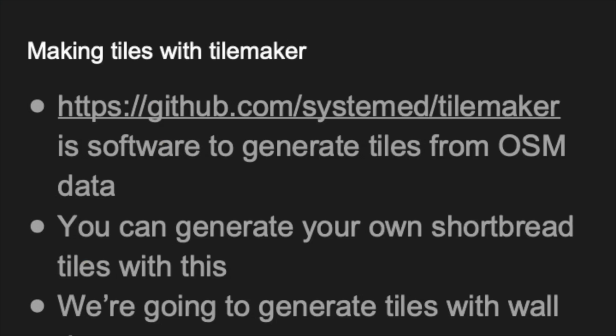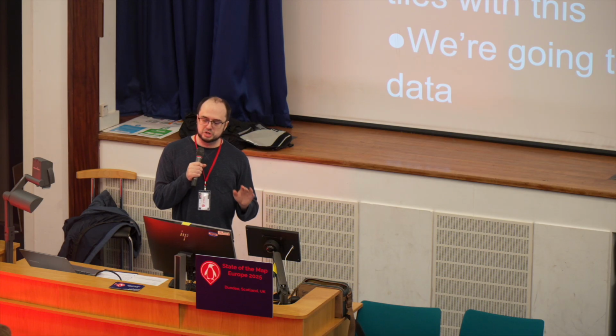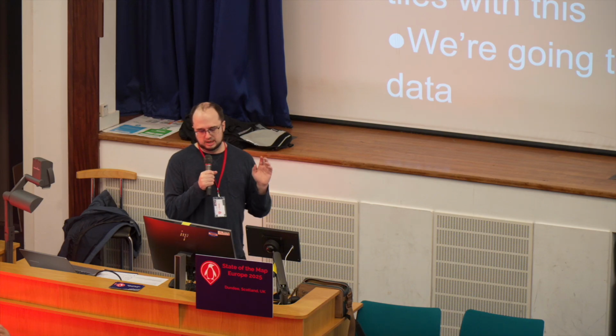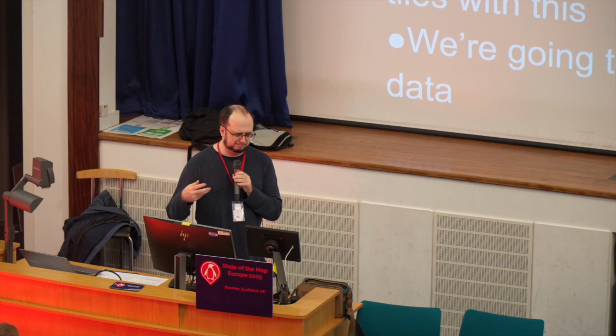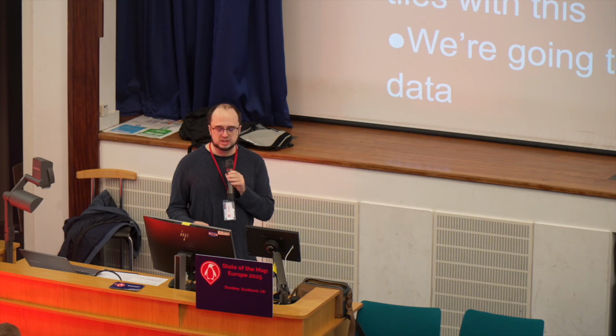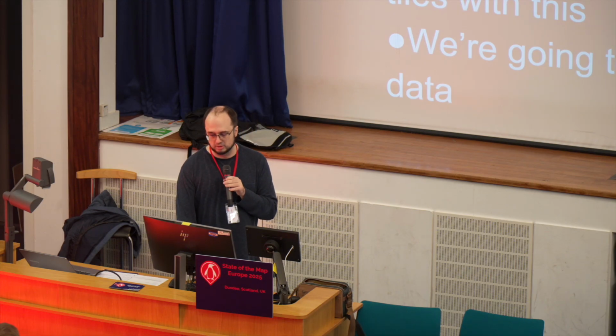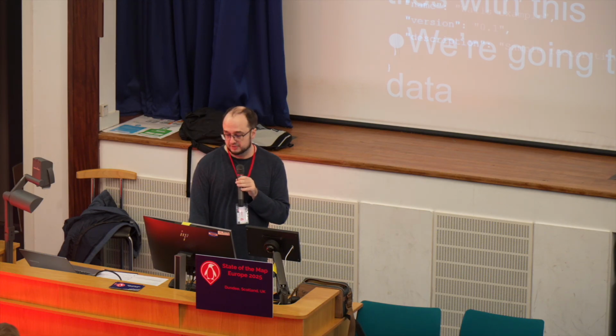So we're going to use software called Tilemaker, which, as the name says, makes tiles. You can use it to generate your own Shortbread tiles. So just like the tiles we've got, you can generate a complete tile set of Shortbread tiles. But we're just going to use wall data because that's all we need. To run Tilemaker, you give it a config, and I'm going to go through the next slides quickly because reading configs on screen is boring, and you can check the presentation later, or I will also be publishing this.